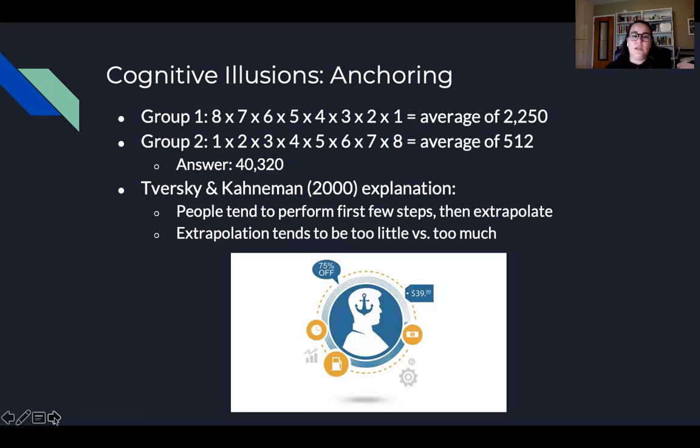In addition, the people who started with 1 times 2 times 3, that is group 2, began with a smaller value and came up with a smaller value in comparison to group 1. So we see not only this anchoring effect, depending on the size of the information that you were first given, that's anchoring you.